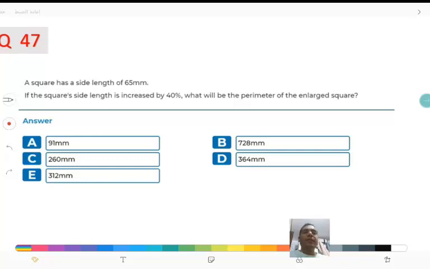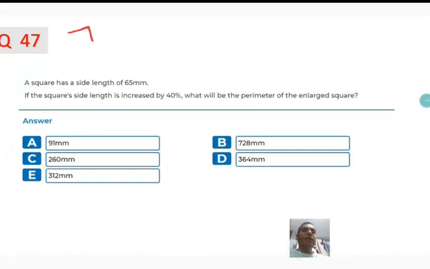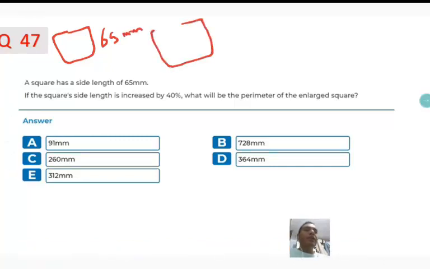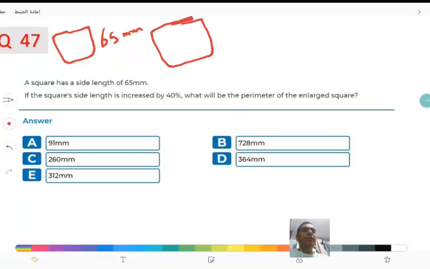A square has a side length of 65 millimeter. If the square side length is increased by 40%, what will be the perimeter of the enlarged square? Alright, so we have a square and the side length is 65 millimeter. Then the size of this square is increased by 40%.